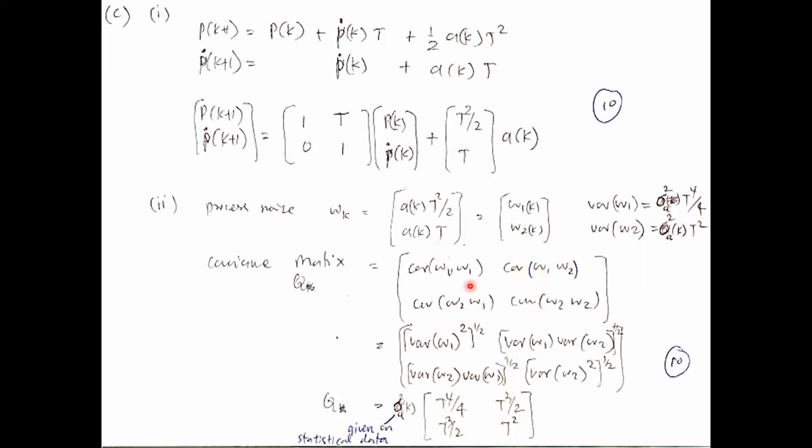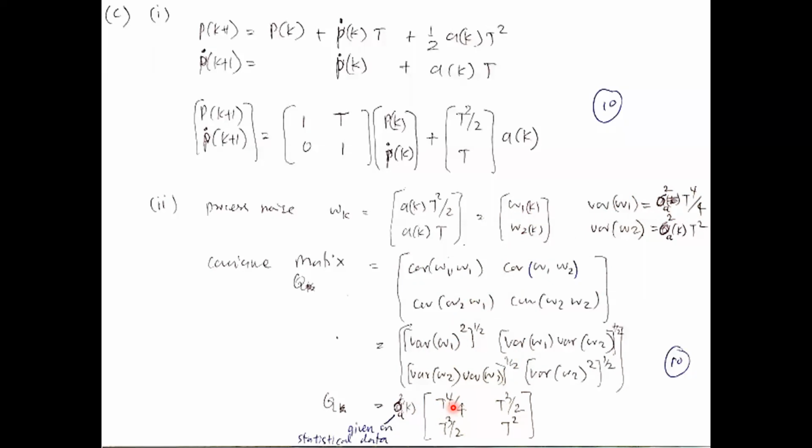The first term, the far left of position, is the variance square, and then get the square root, because it's the same signal, W1. So you end up having the same thing here: T to the 4 over 4 times sigma A square.